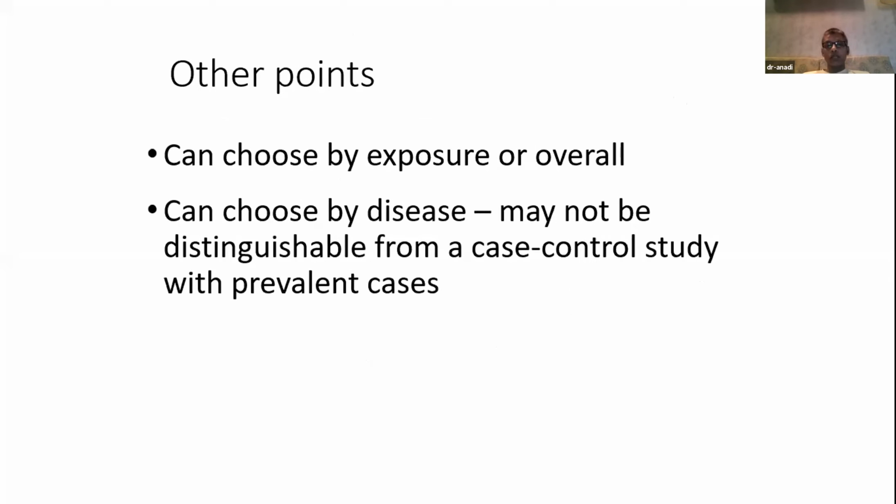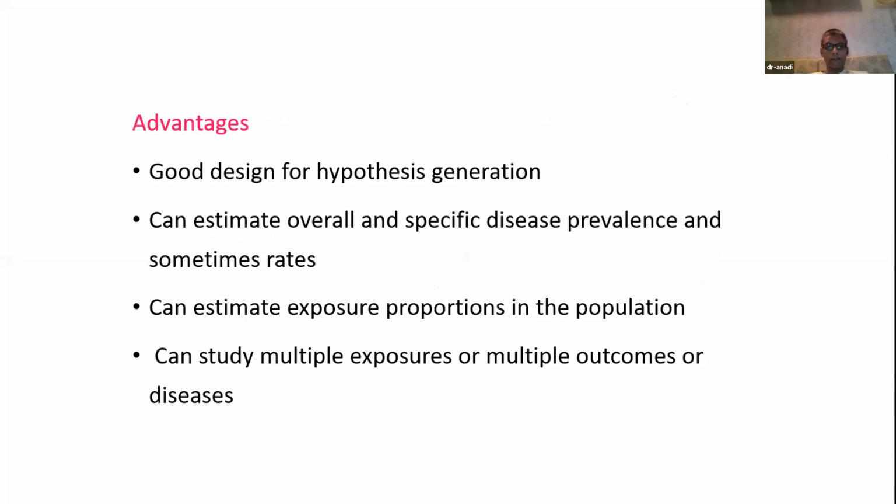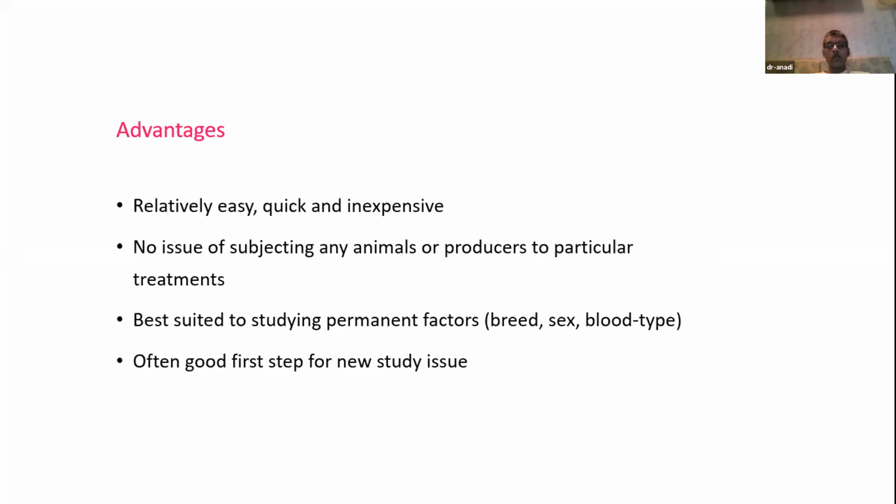You can choose by exposure and overall, or choose by disease, and it may not be distinguished from a case-control study with prevalent cases. The advantages of cross-sectional studies are a good design for hypothesis generation; they can estimate overall specific disease prevalence and sometimes rates; can estimate exposure proportion in the population; can study multiple exposures or multiple outcomes or diseases; and are relatively easy, quick, and inexpensive, with no issue of subjecting any animals or producers to a particular treatment.